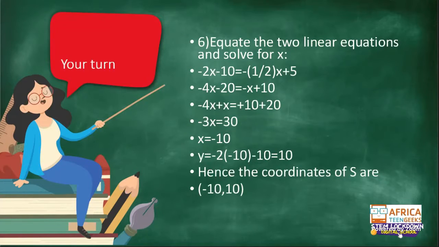That's how I get the -4x minus 20. Okay, I'm happy to see that it is okay now.